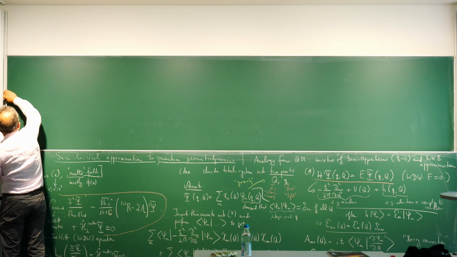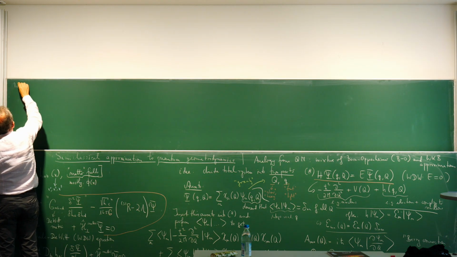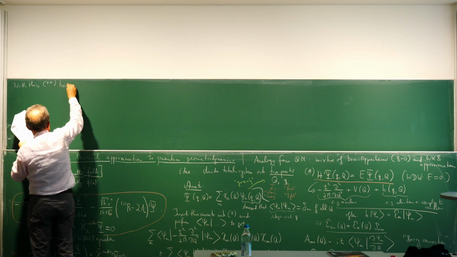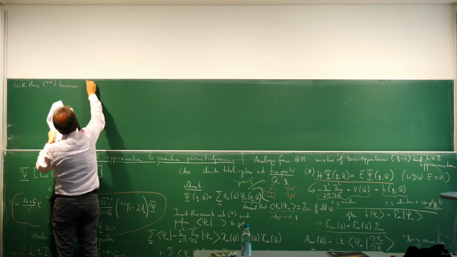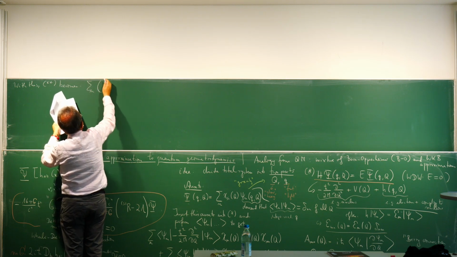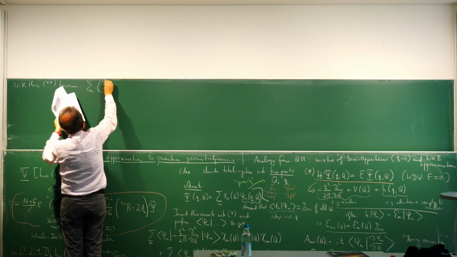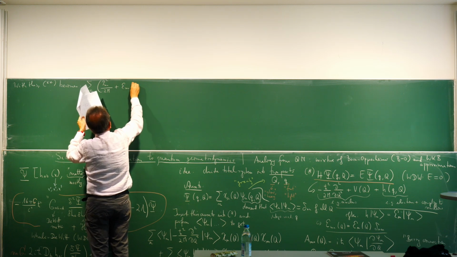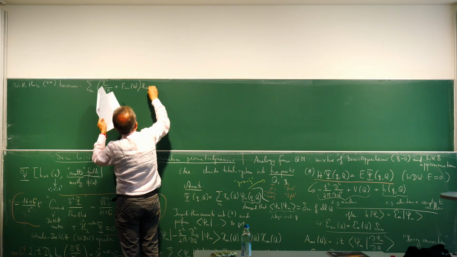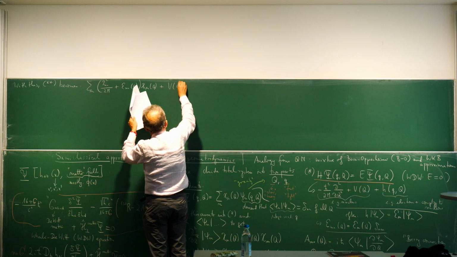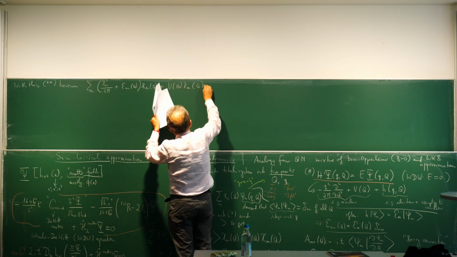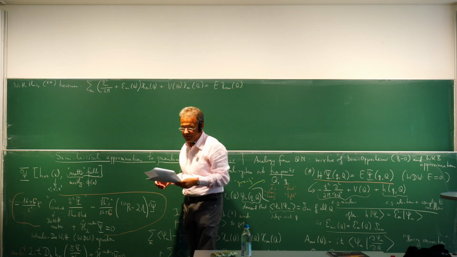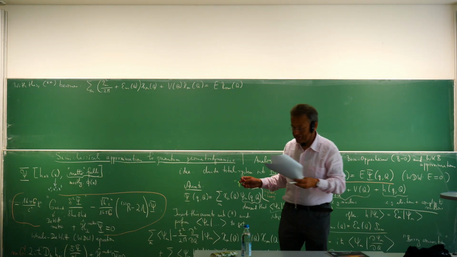So double star becomes the sum over all n, and then we have here the curled P_mn squared over 2m plus E_mn of Q times g_n of Q, plus V of Q g_m of Q is equal to E g_m of Q. Tell me if I maybe confused some n or m. That I call equation 1.